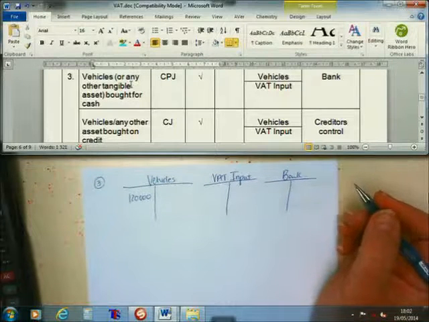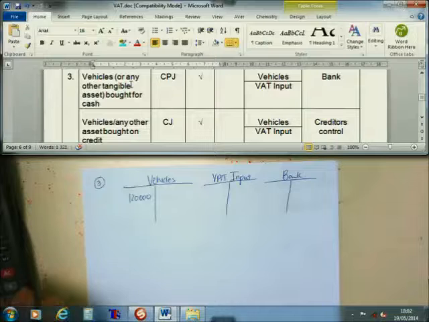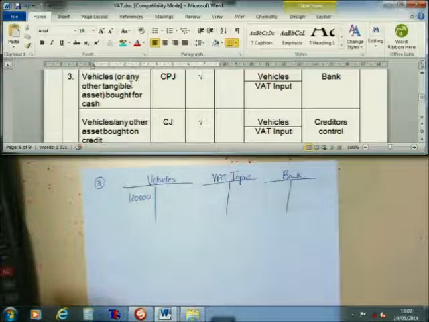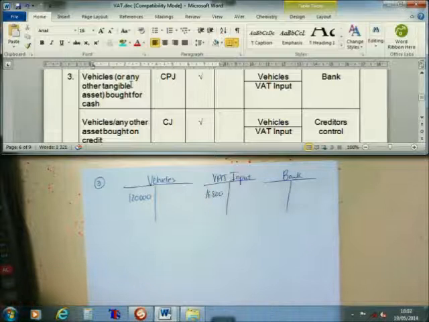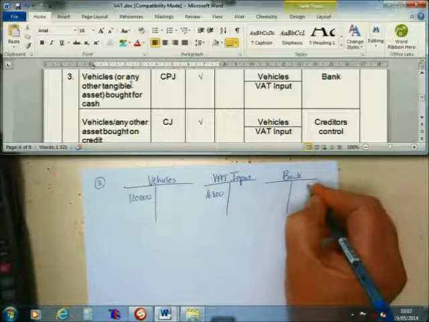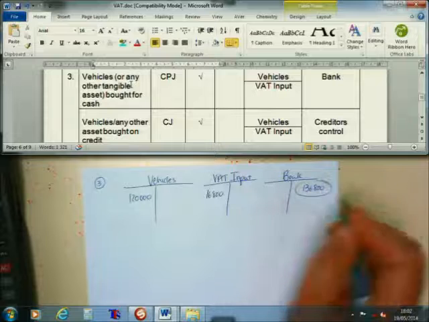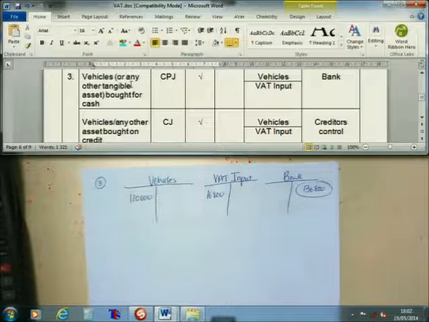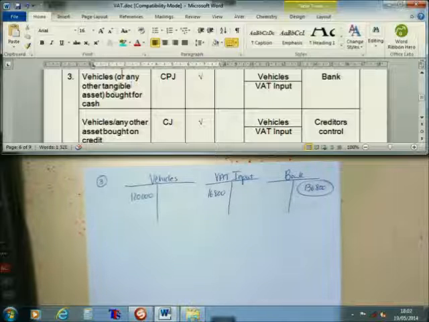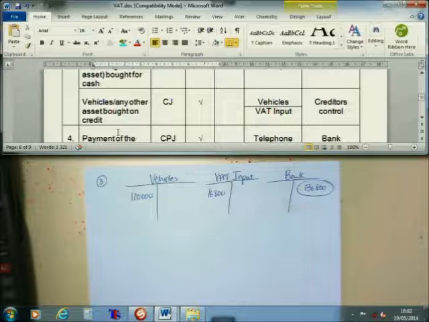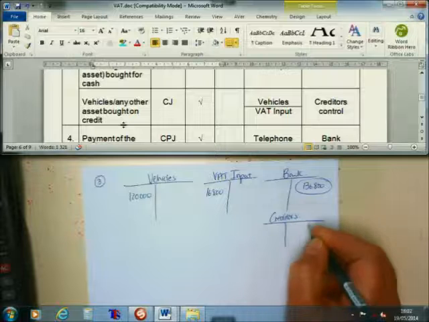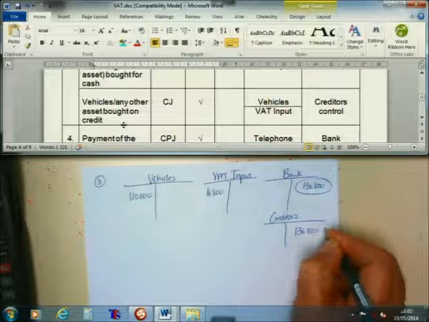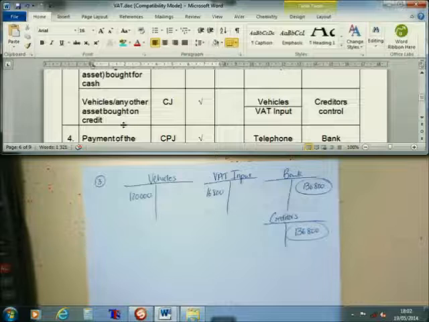But what is the amount that we pay? 120,000 times 14% gives us 16,800 plus the 120,000, so we paid 136,800 for this vehicle. The same when you bought vehicles or anything else on credit, then it's exactly the same, and then there will be creditors control, and we owe the creditor 136,800, the big amount.